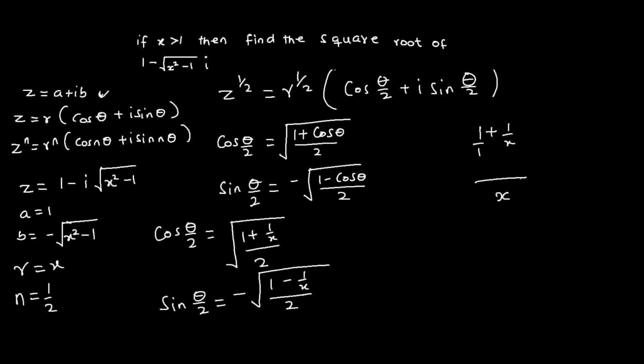Then we do cross multiplication. I'll multiply this x by this 1, and that'll give me x. And I'll multiply this 1 by this 1, that was plus 1. All this is being divided by 2, so I have to reciprocate the 2, which will be times 1 over 2. So this will give us x plus 1 divided by 2x, right?